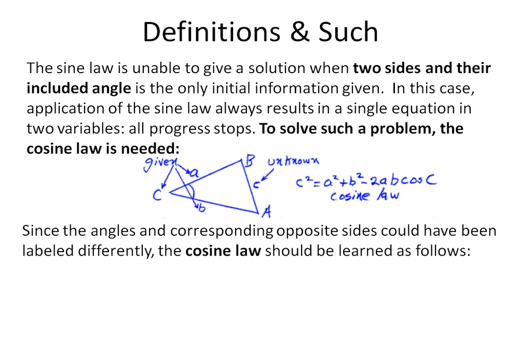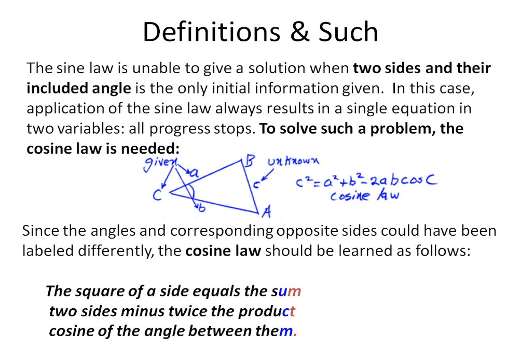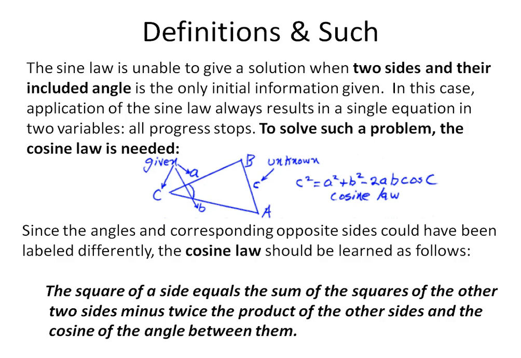Okay? So this is the way you should learn it: the square of a side equals the sum of the squares of the other two sides minus twice the product of the other two sides and the cosine of the angle between them.